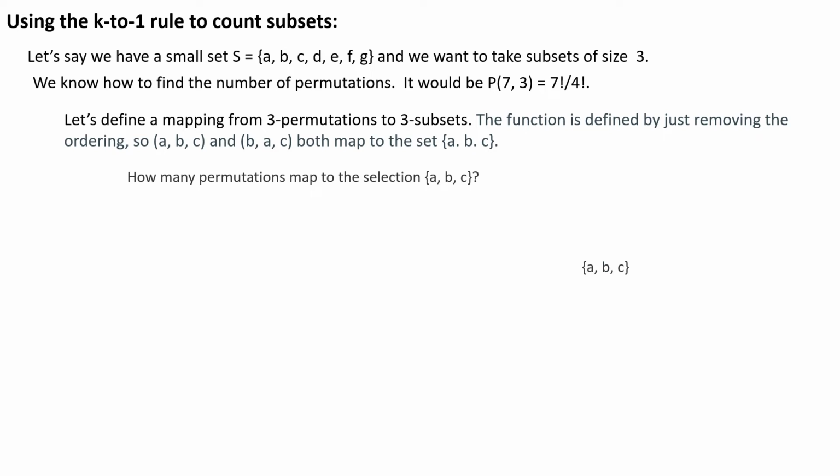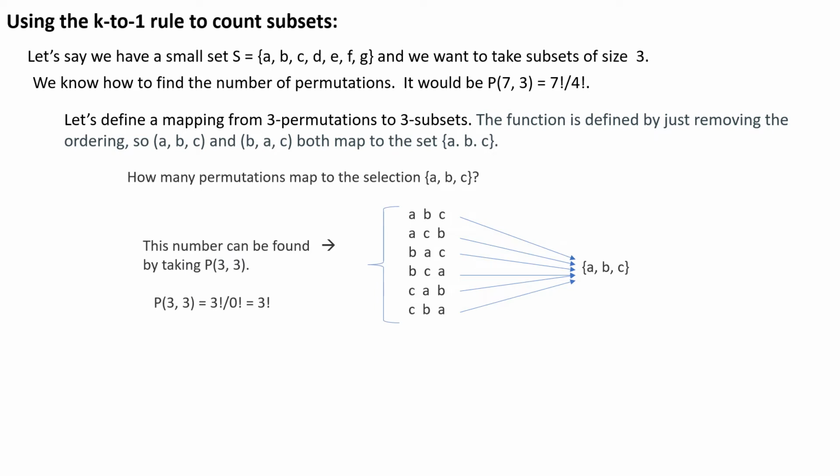Well, let's think about it here. We would have the permutation ABC, ACB, BAC. We would just think of all of the different ways we could order those 3 elements, and there's actually this many. There's 1, 2, 3, 4, 5, 6. There's 6 different permutations that would map to just that one set.